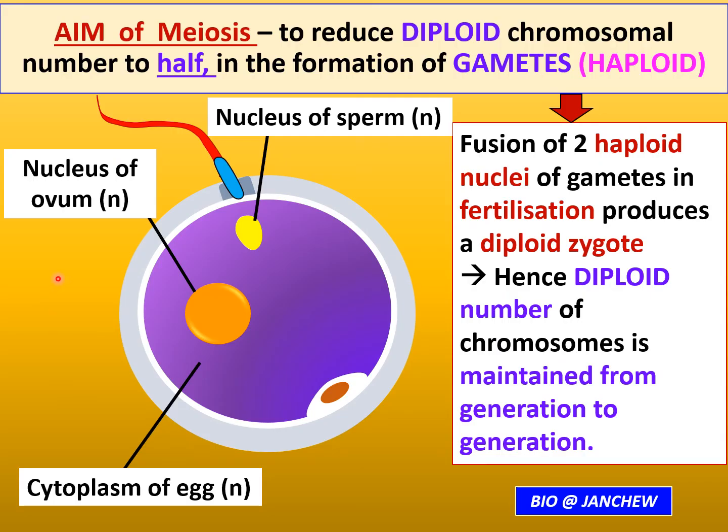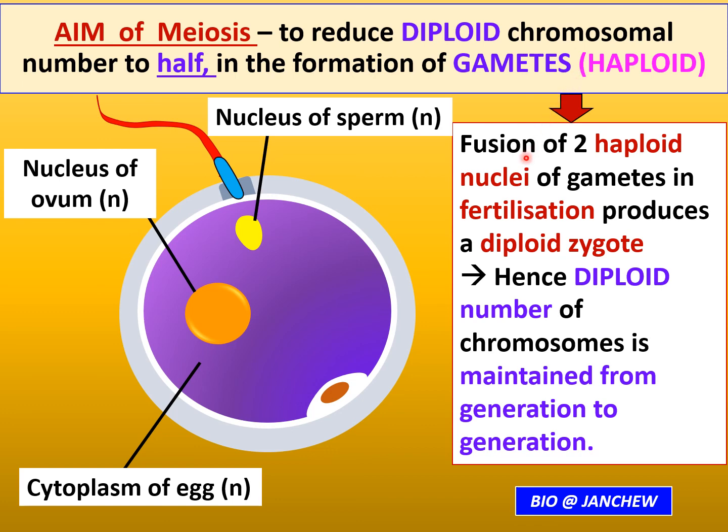We have already discussed 2 examples of how meiosis helps to reduce the diploid chromosomal number of the parent cell to half in the formation of the haploid gametes. And this is the aim of meiosis, which is a form of reduction division, meaning that it's a type of nuclear division to reduce the number of chromosomes in the gametes to half of that of the parent cell.